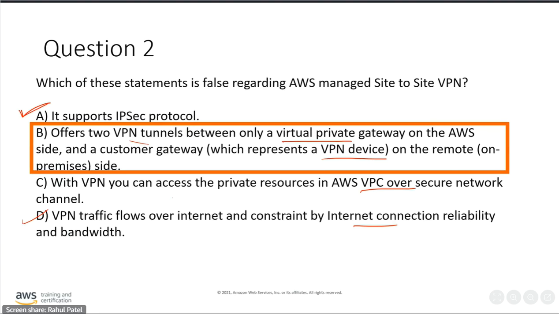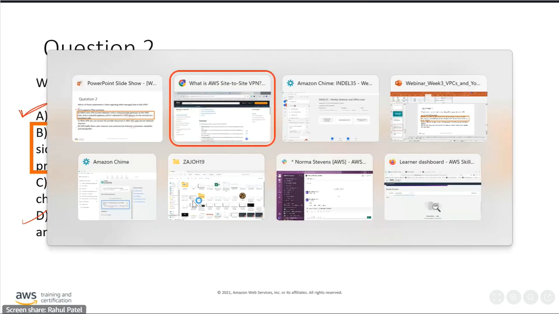With the VPN, you can access the private resource in AWS VPC over the secure network channel. I think all four options are correct according to this. I will check this question and let you know. I don't find any wrong answer here.